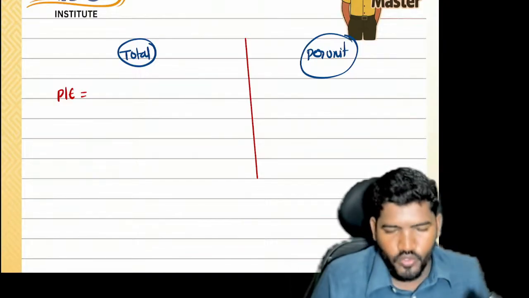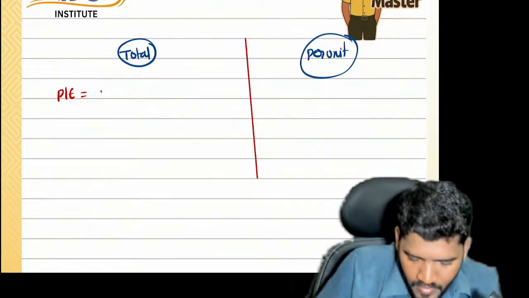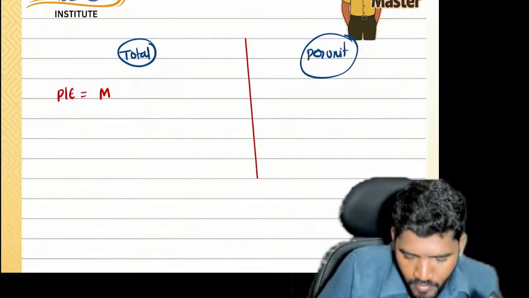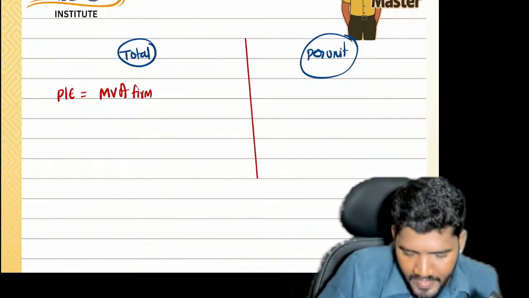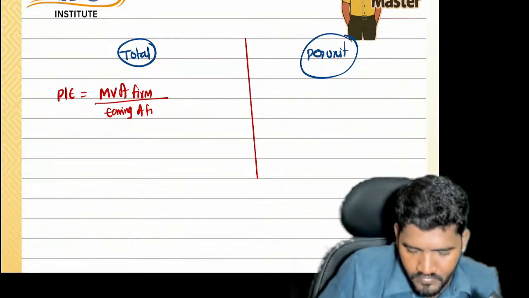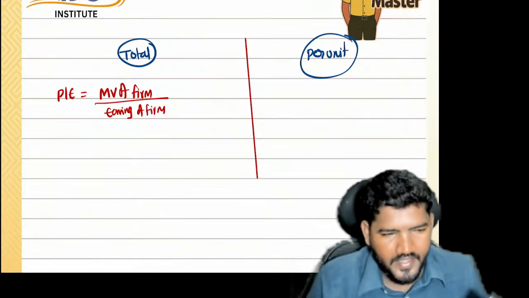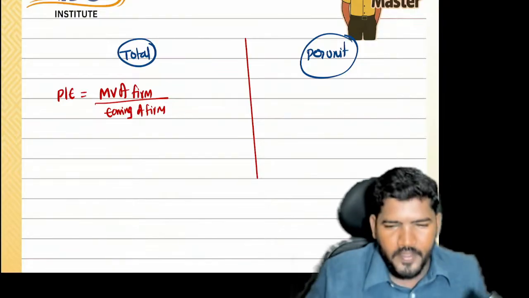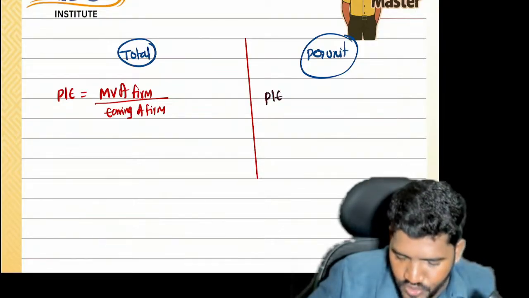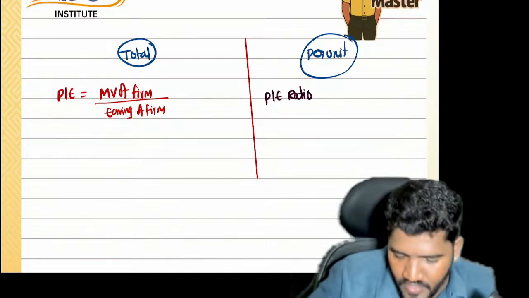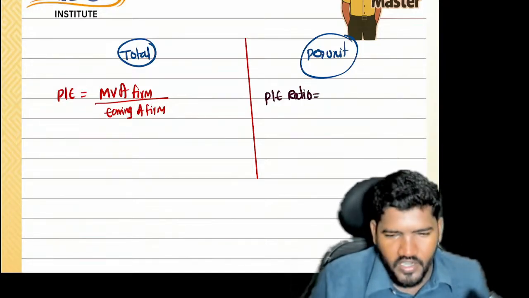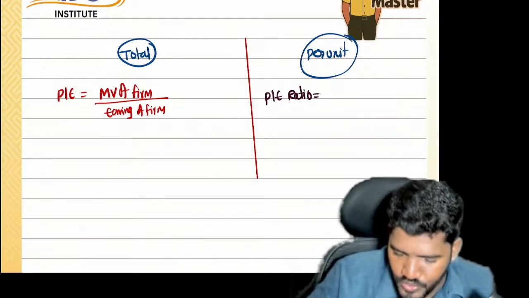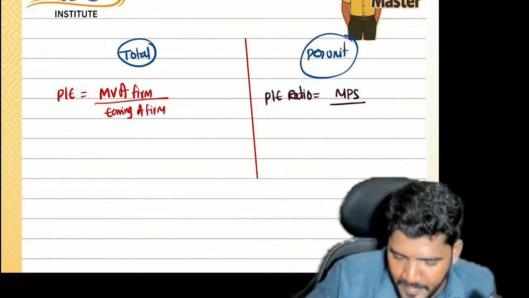You already know how to calculate it. From a total point of view, it is market value of firm divided by earnings of firm. From a per unit point of view, in our textbook they use the word multiple: PE ratio equals MPS divided by EPS.